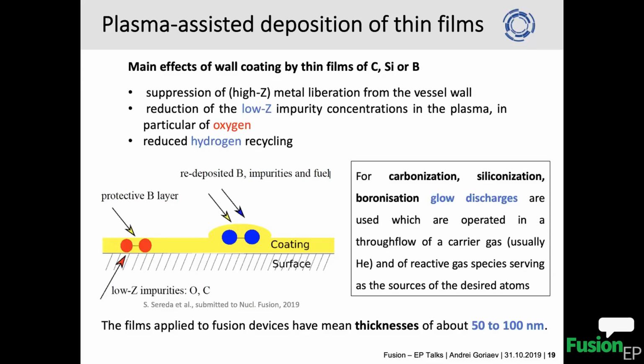This is one point. The second point, especially related to Wendelstein and stellarators: what we found is that the erosion rate is small enough, so less than 100 nanometers is enough to have a lasting effect of boronization for at least 1 month. So in this case, we don't need to go for long glow discharge operation.